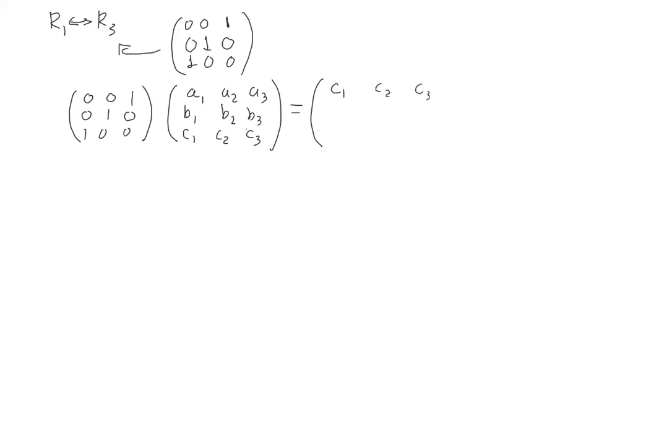Then 0, 1, 0 times each of the columns is going to give you B1, B2, B3 on the second row. And finally, 1, 0, 0 times each of the columns will give you A1, A2, A3. And that's how we implemented our operation. So this is by far the simplest one.